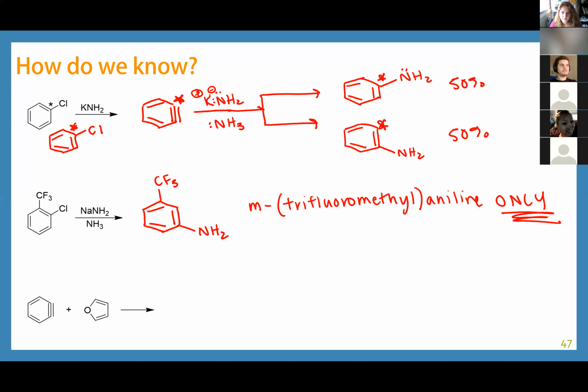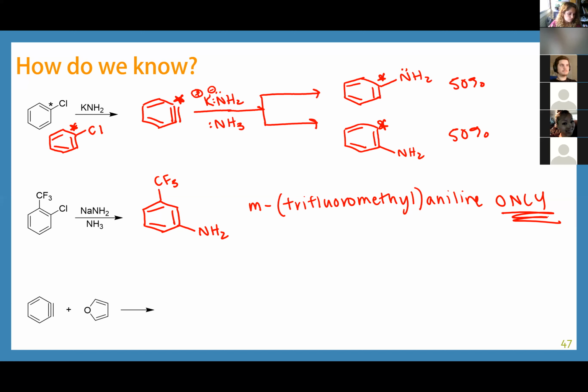So this is one of those tricky bits of proof. The only way that this could happen would be if this mechanism did truly go through benzyne as the intermediate. Okay, does this make sense?